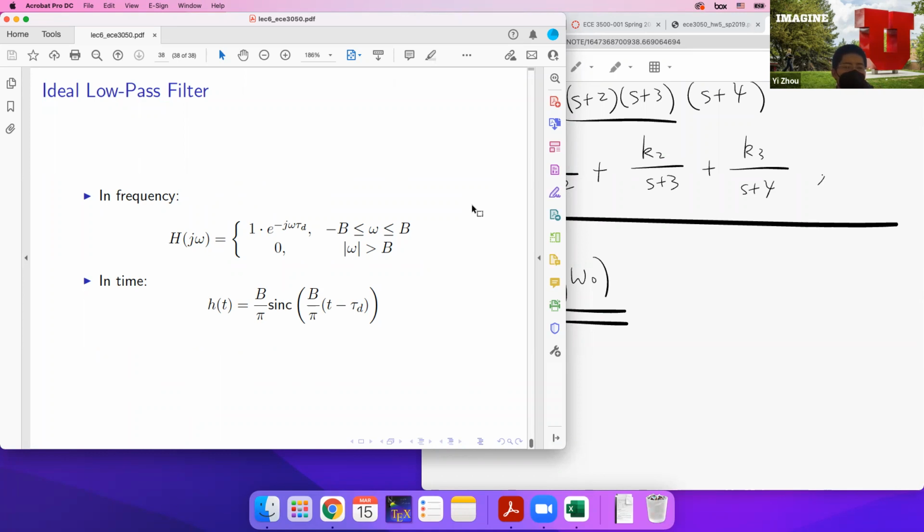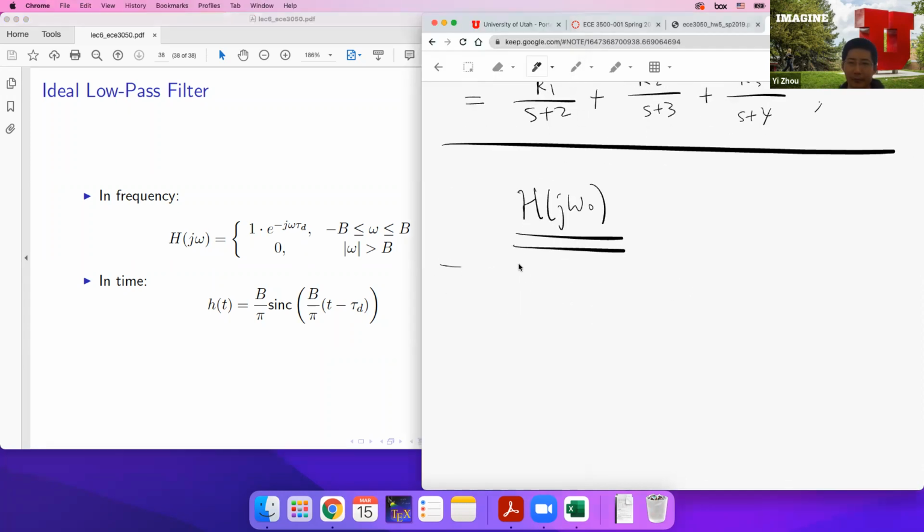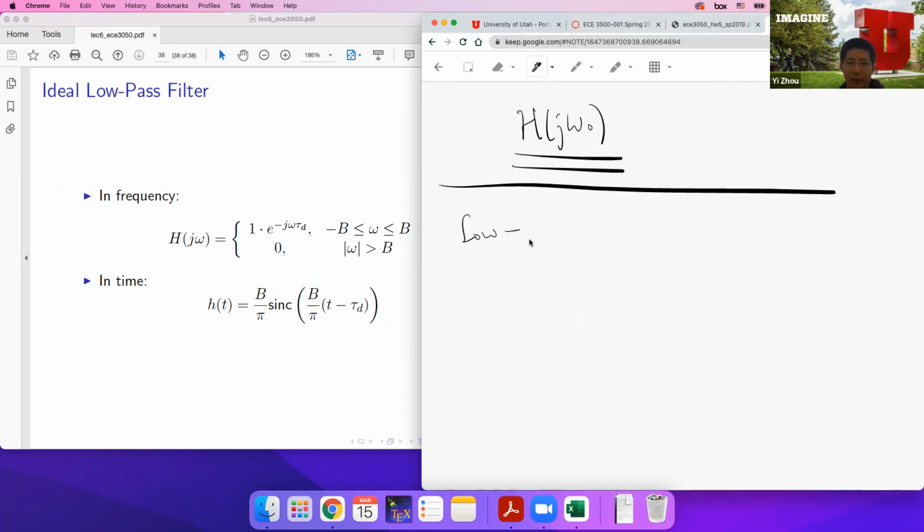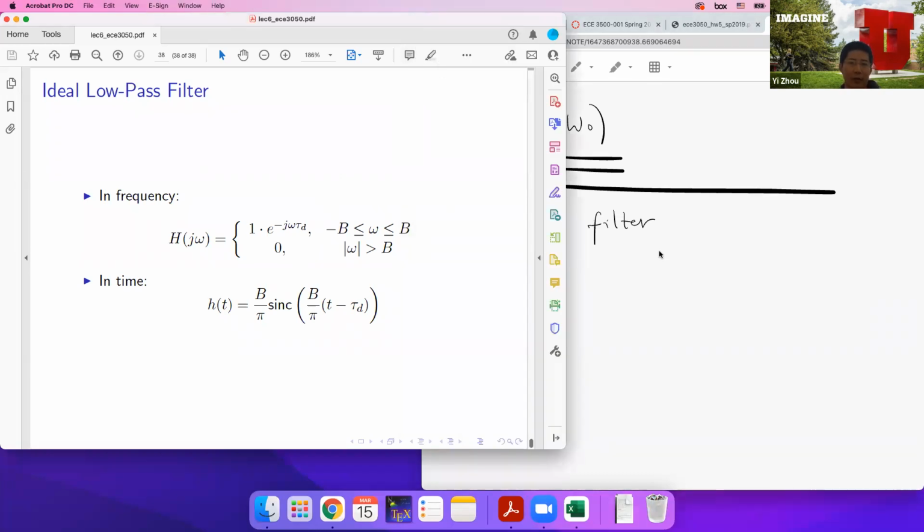So the last part is actually talking about filters. We want to develop an ideal low-pass filter. We will talk about this later in lecture 8, but this is another application of Fourier transform.